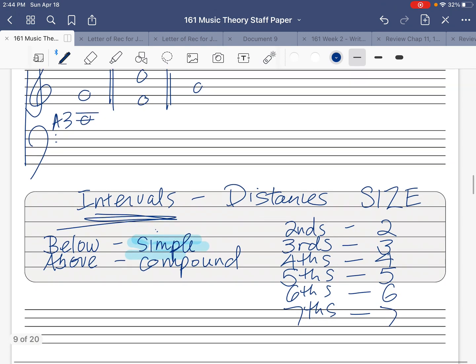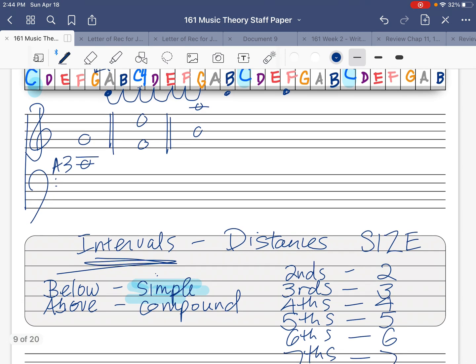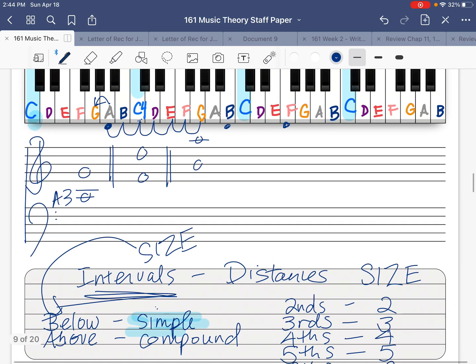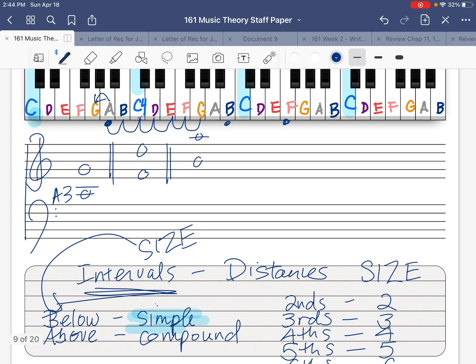Okay, so I hope this helps. This is what all we talked about are interval sizes, and we were only talking about the simple intervals. So now you should be able to count up and label and identify in notation interval size.